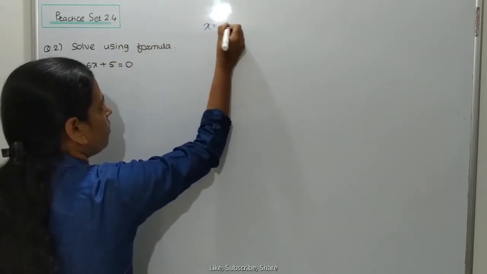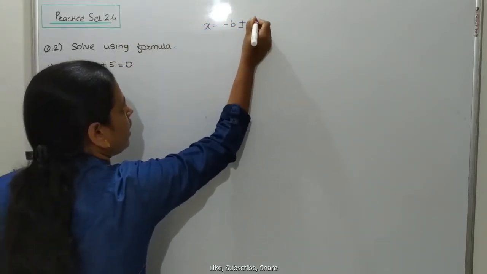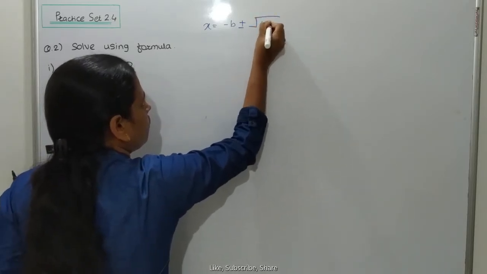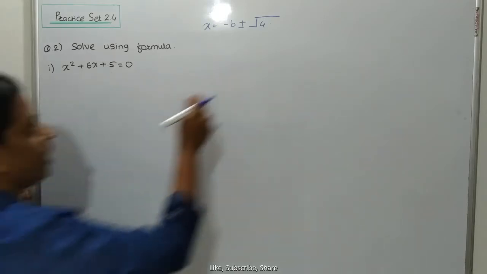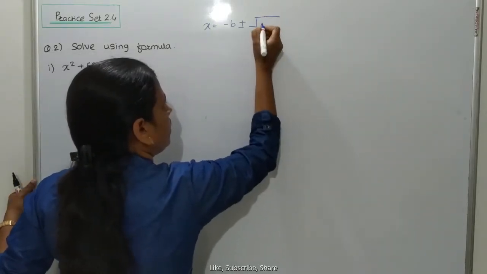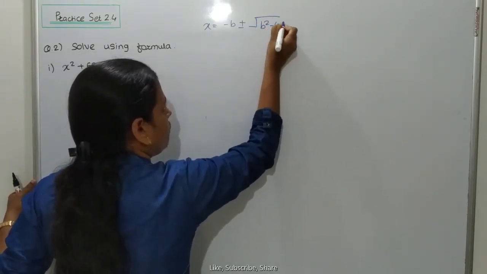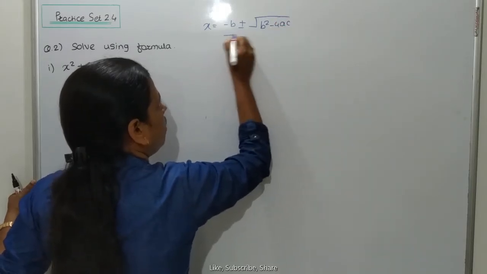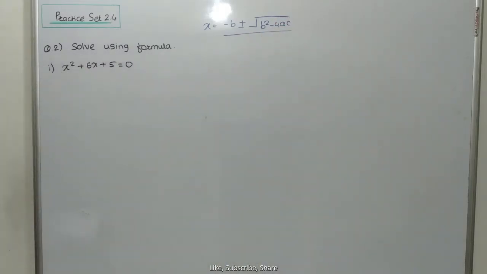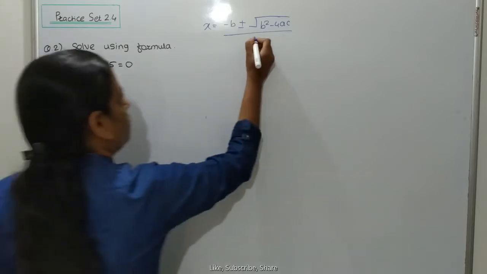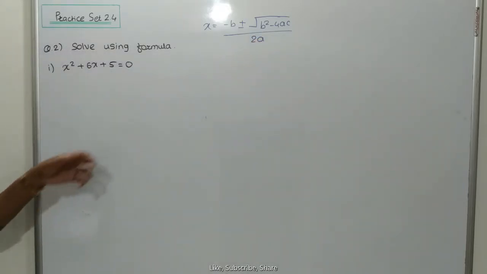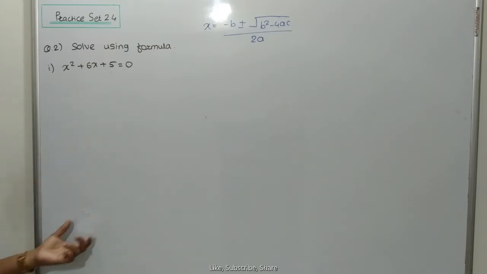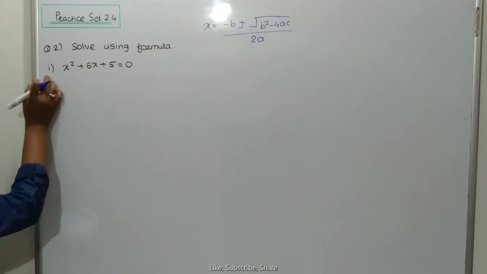X is equal to minus b plus minus root of b square minus 4ac upon 2a. So by using this formula, we have to solve the given quadratic equation. Clear?